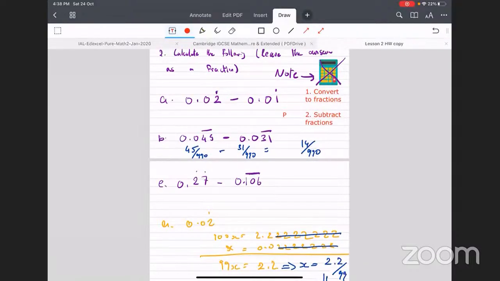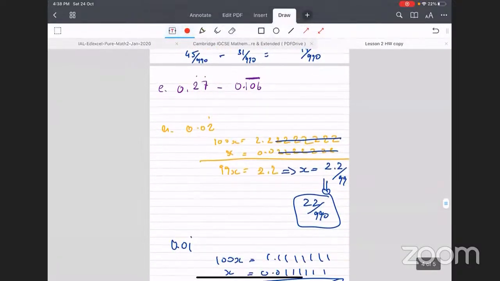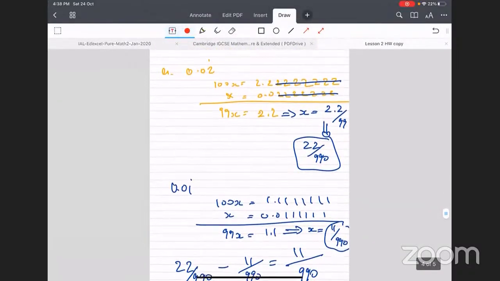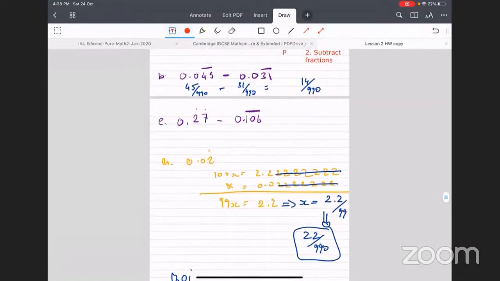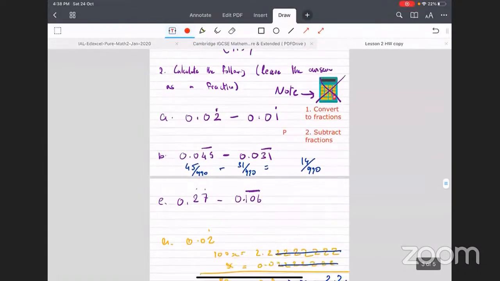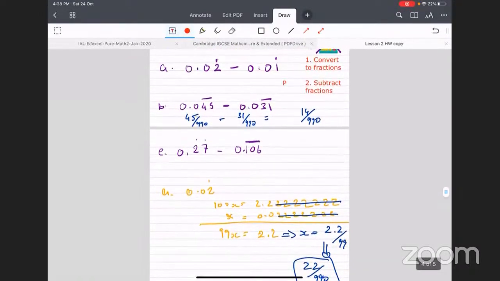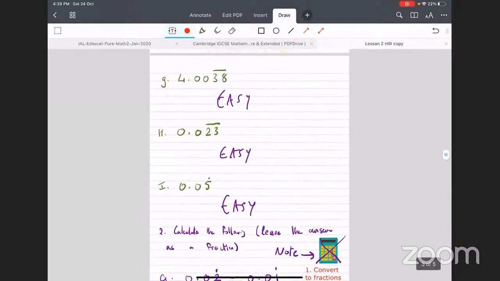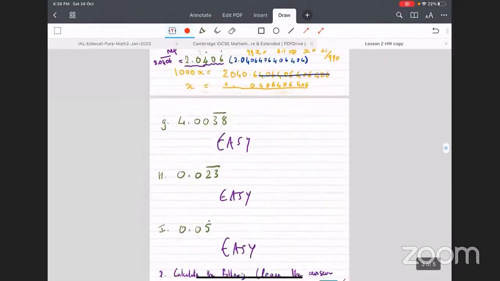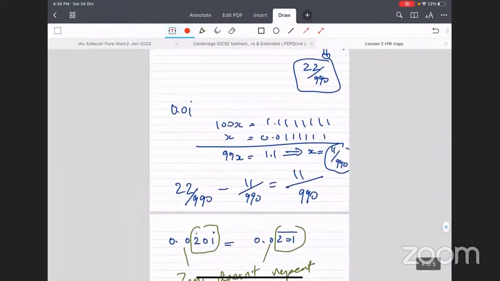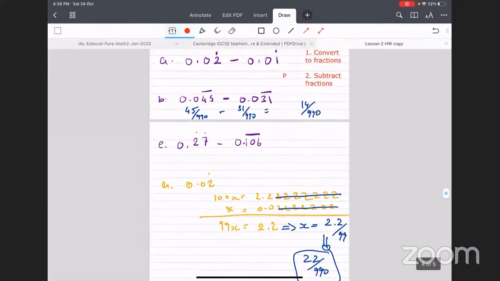It's pretty straightforward. You should convert them to fractions, then subtract the fractions. That will take no time, and without any mess. Actually, number B, I took the answers from here, where I calculated them on the fly. So now let's solve number E.